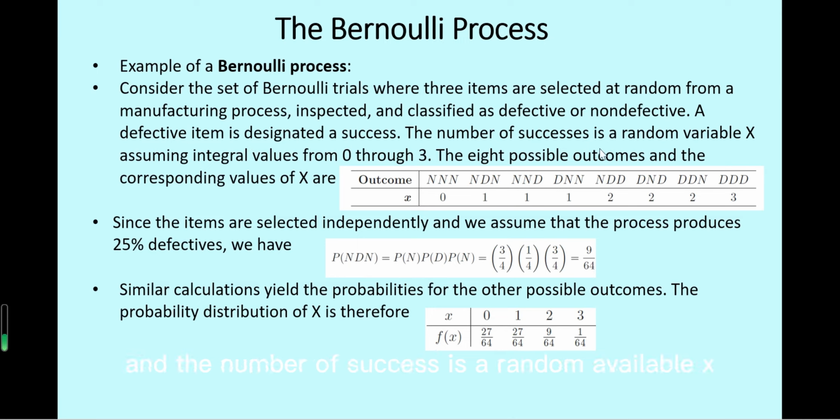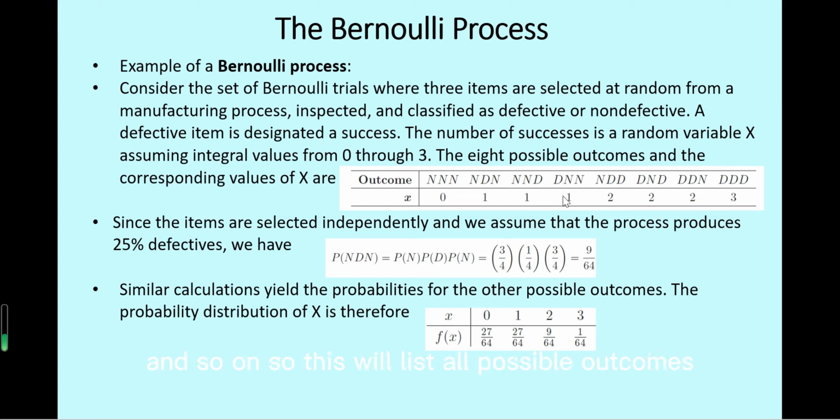And the number of successes is a random variable X, assuming integral values from 0 to 3. There are 8 possible outcomes, and the corresponding values of X can be listed in this table. So if we list all results of each trial, it can be non-defective, and non-defective, defective, and non-defective, and so on.